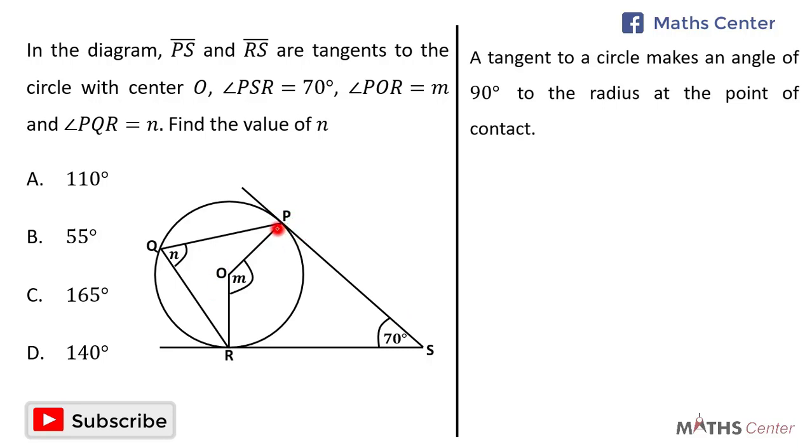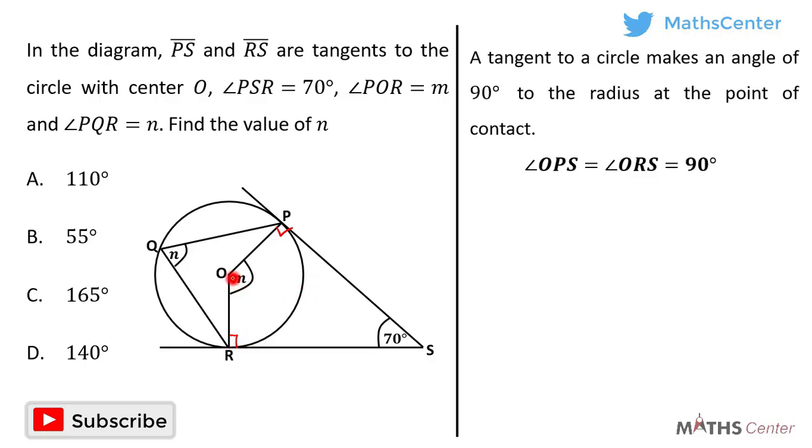So the angle here is 90 degrees. In the same way, at the point of contact here, the angle between the tangent RS and the radius OR is 90 degrees. So the angle here is also 90 degrees.